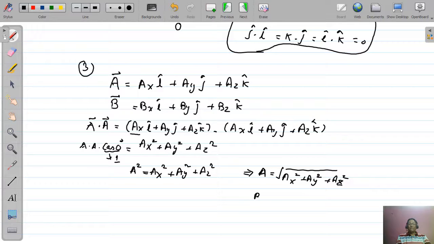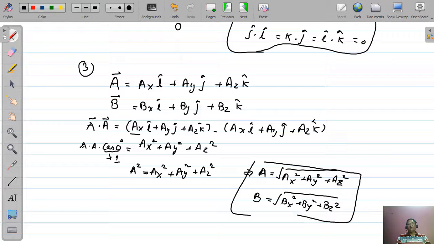Similarly, we can find B equal to square root of bx square plus by square plus bz square. So this result we have to memorize about the magnitude of vectors A and B. If a vector is given in this format, then its magnitude is this.